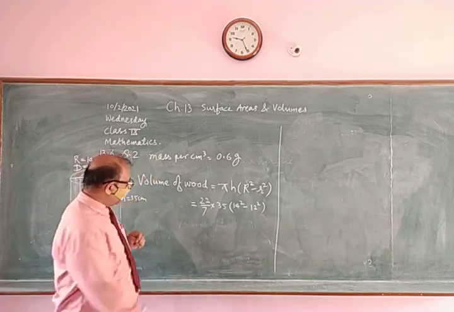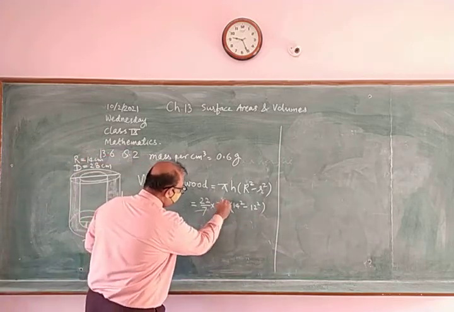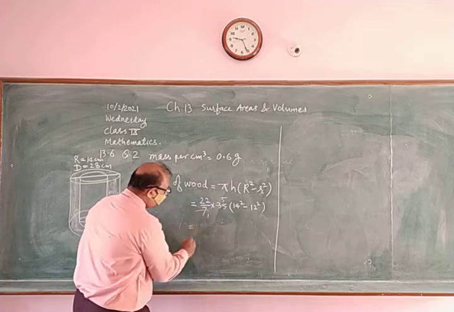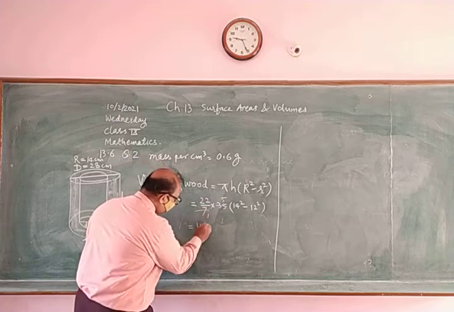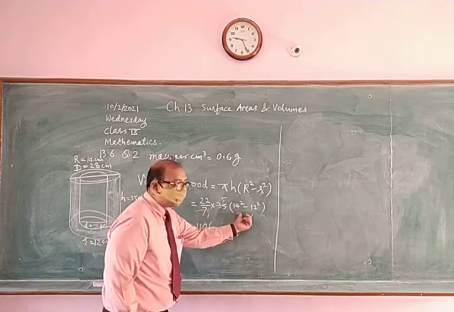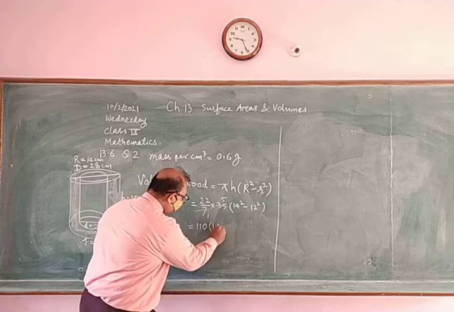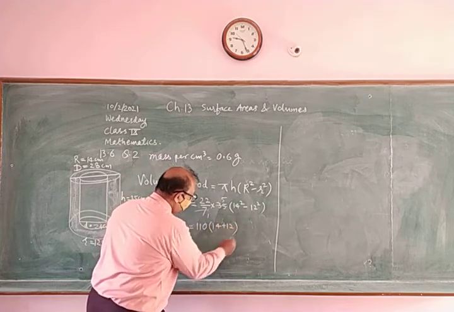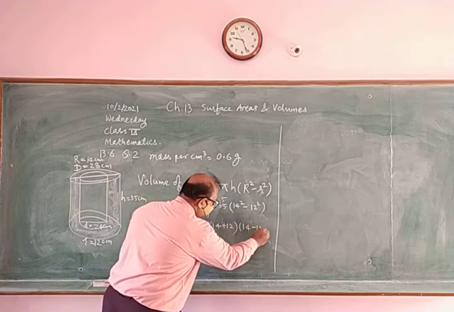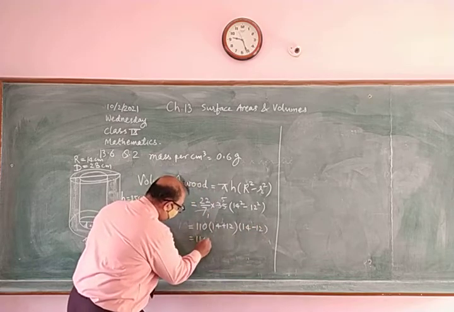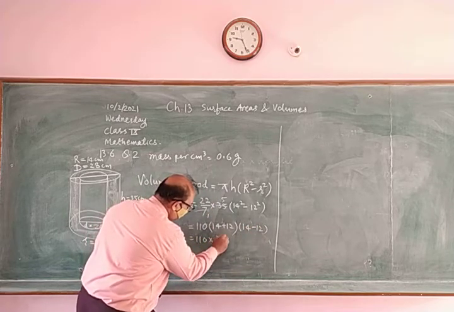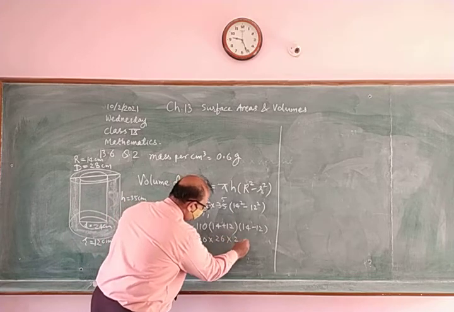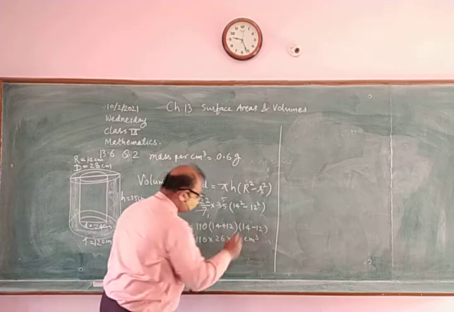7 5s are 35, 22 into 5 is 110, and 14 square minus 12 square means (14 plus 12) into (14 minus 12), which is equal to 110 into 26 into 2 cubic centimeter.